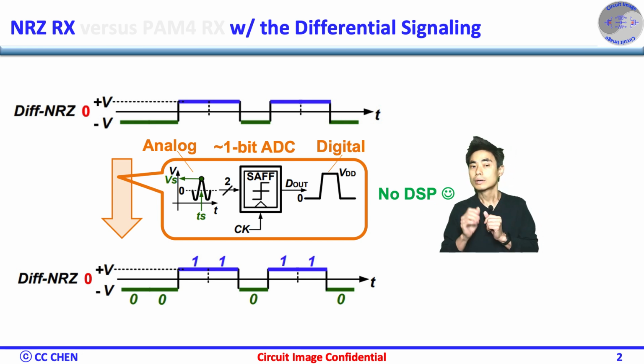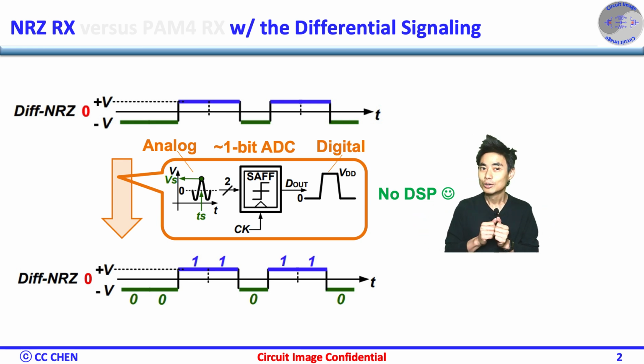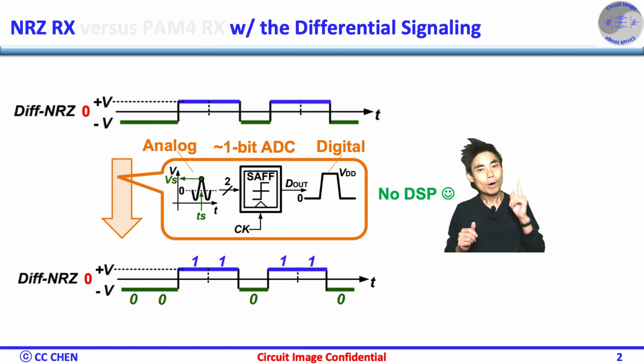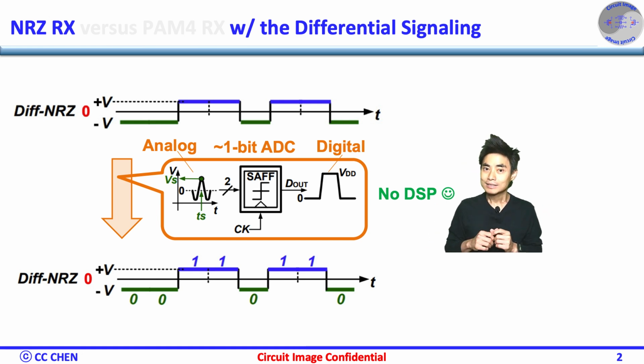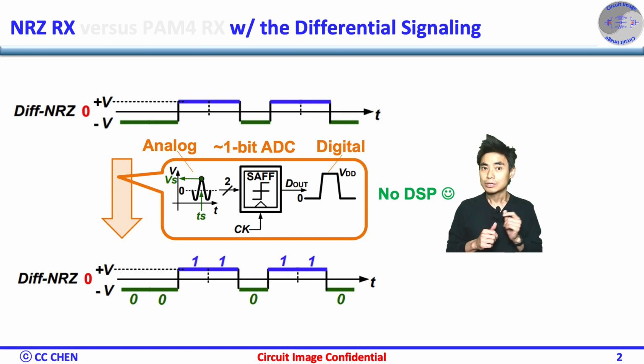It's also called a quantizer, slicer, or sampler, which is equivalent to a 1-bit ADC. Therefore, the RX can convert the analog signal to a digital bitstream easily after a few steps of analog signal processing, without a complicated digital signal processing, DSP.